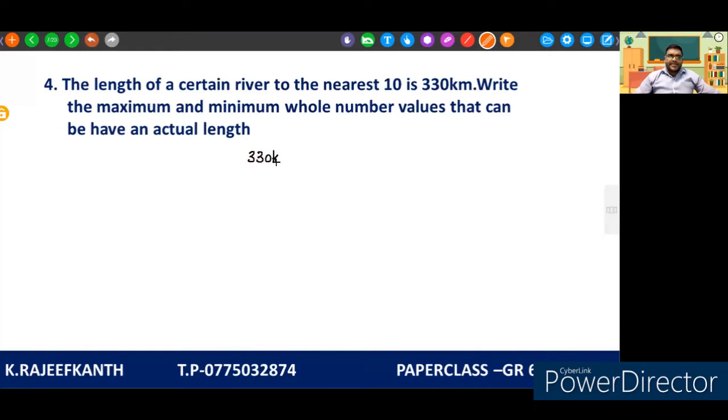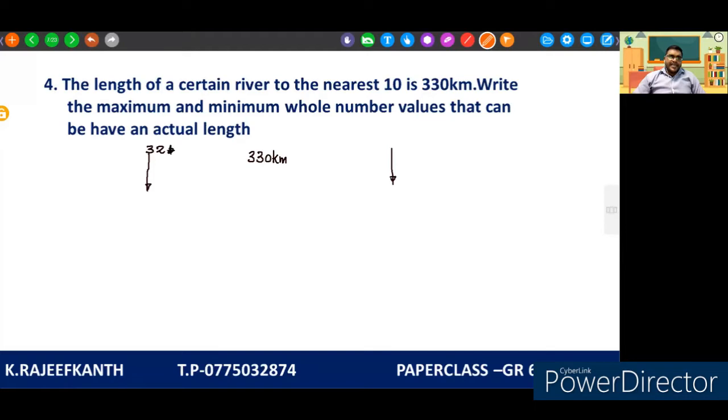After rounding off to the nearest 10, the answer is 330 kilometers. Now we have to find the minimum value and the maximum value that the length can be.